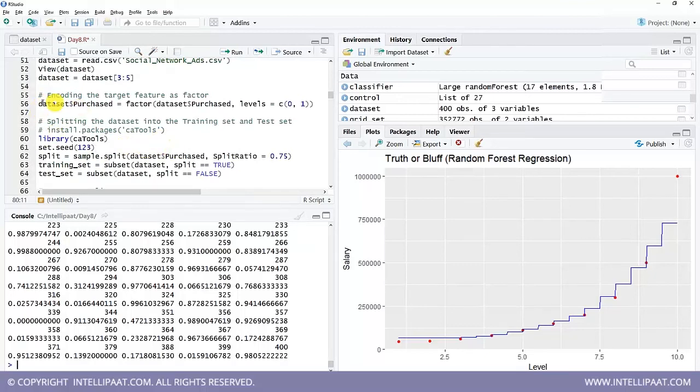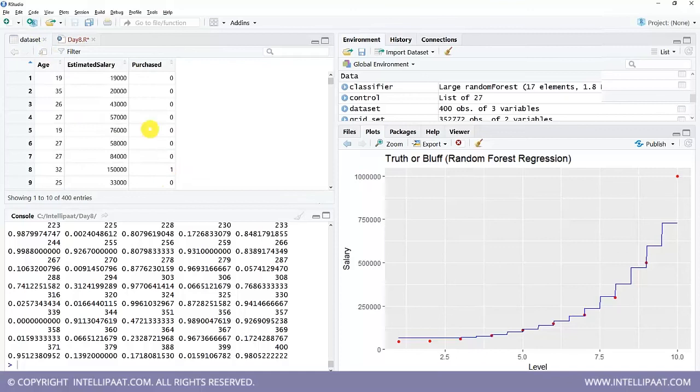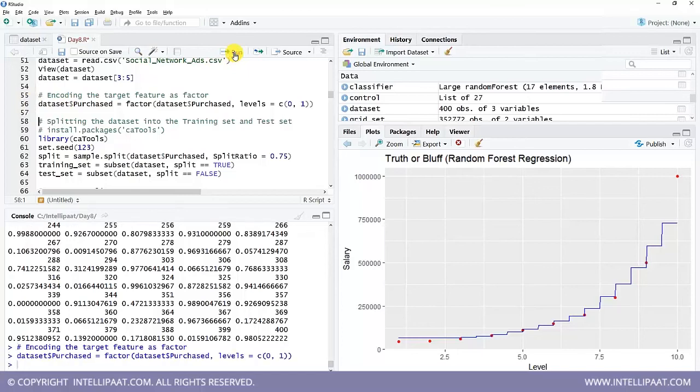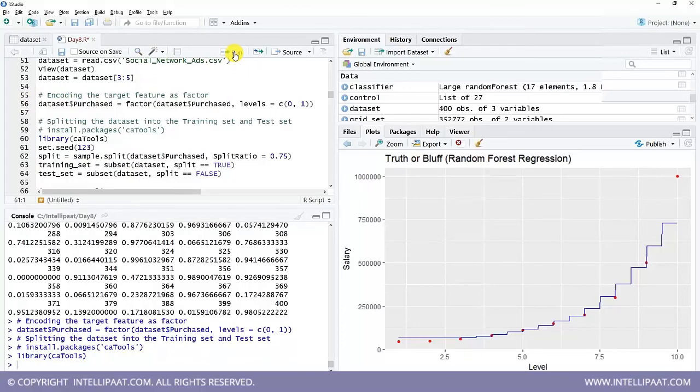We try to do this part, the purchase as a function of levels. So we are going to factor the predictor variable, or the dependent variable, purchase, because it has values 0 and 1. We are going to factor it or set levels to it, saying 0 is one level and the next level is 1. So we do that, and now we try to execute the entire set of code.